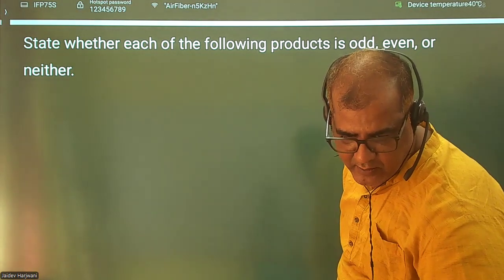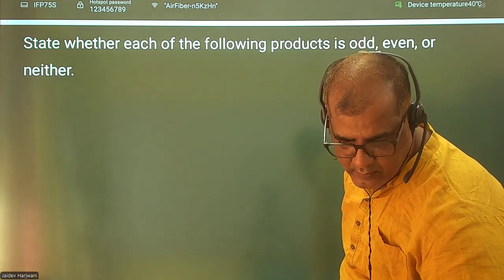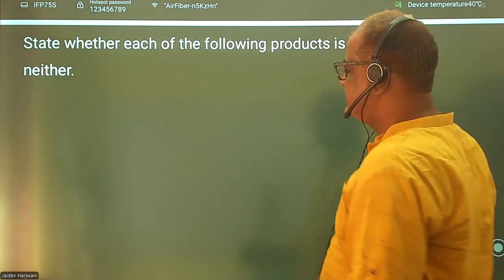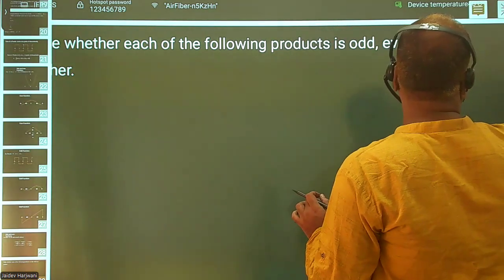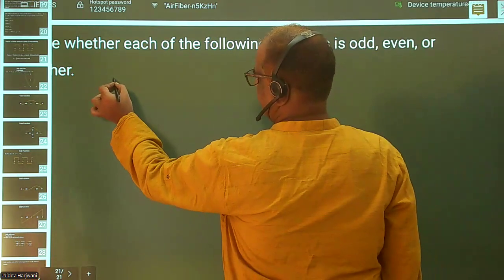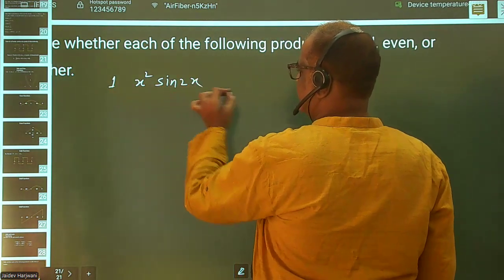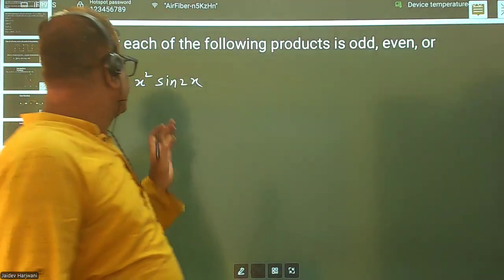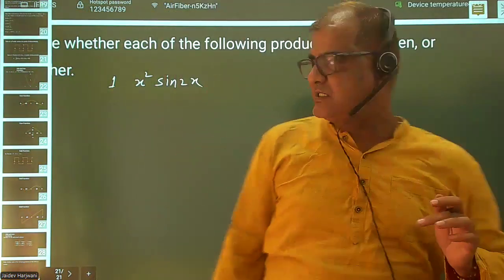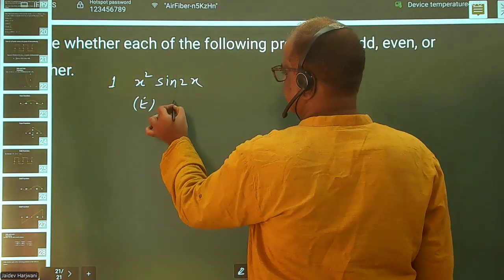Say we have the function x square sine 2x. Now, what happens? x square is an even function, and sine 2x is an odd function.